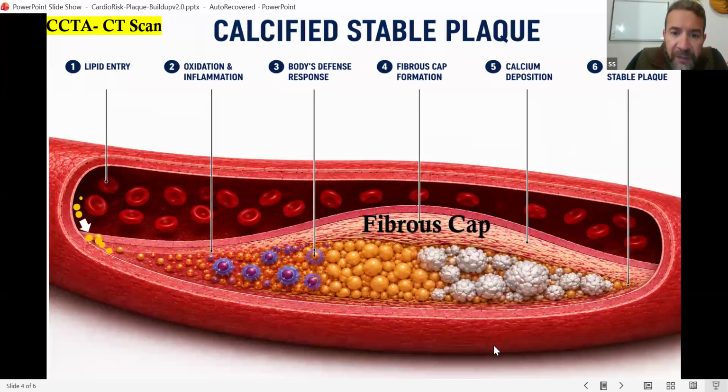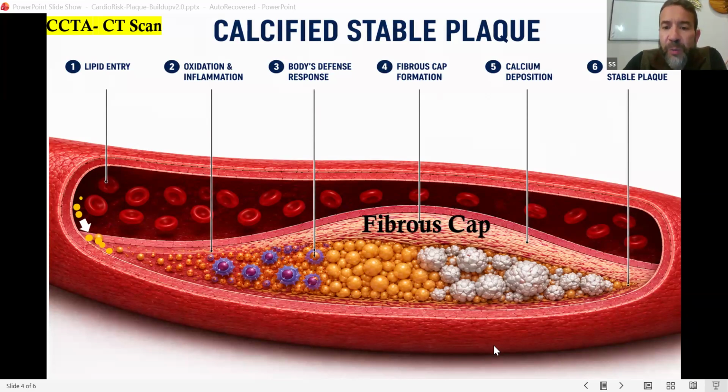So before we dive into this, we need to mention that there are two major CT scans used in cardiovascular screening. One is CAC scan, and the other is CCTA scan. A CAC scan measures the amount of calcified plaque in the arteries, and it gives what's called calcium score.